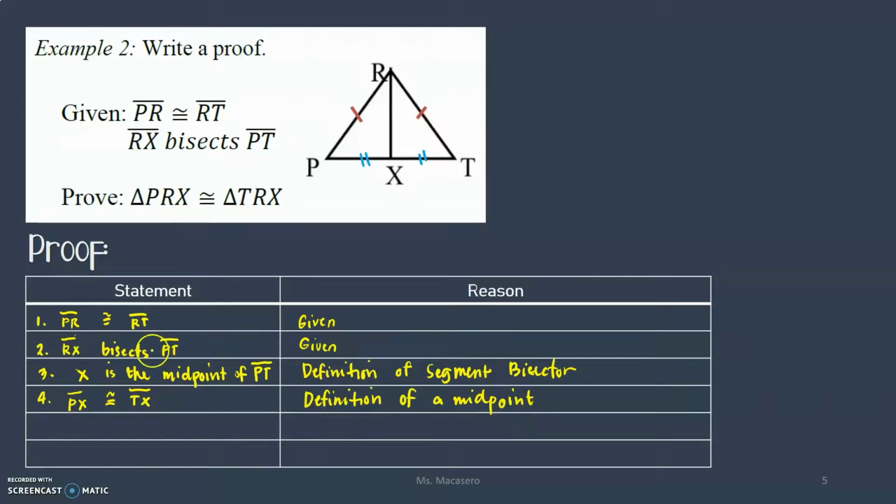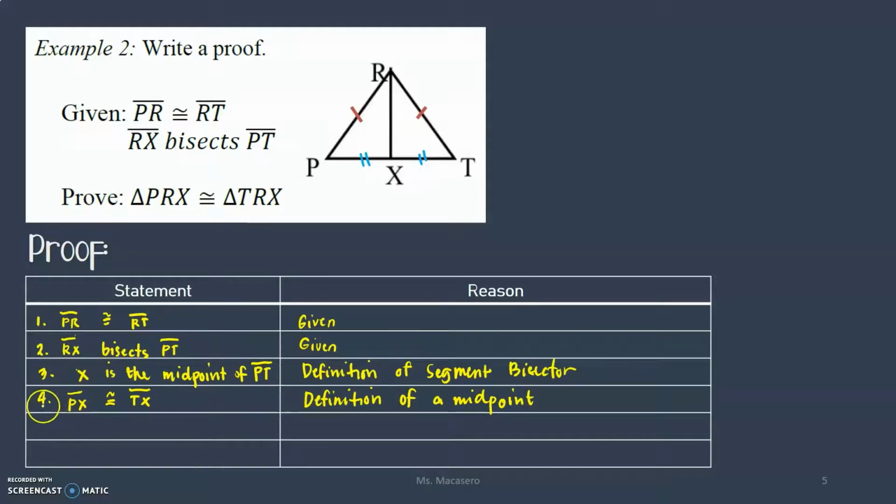Now, let's go back to our statements that established congruency. First, we have the statement wherein we said that segment PR is congruent to segment RT, and our reason for that is given. So we have already established congruence of one side.